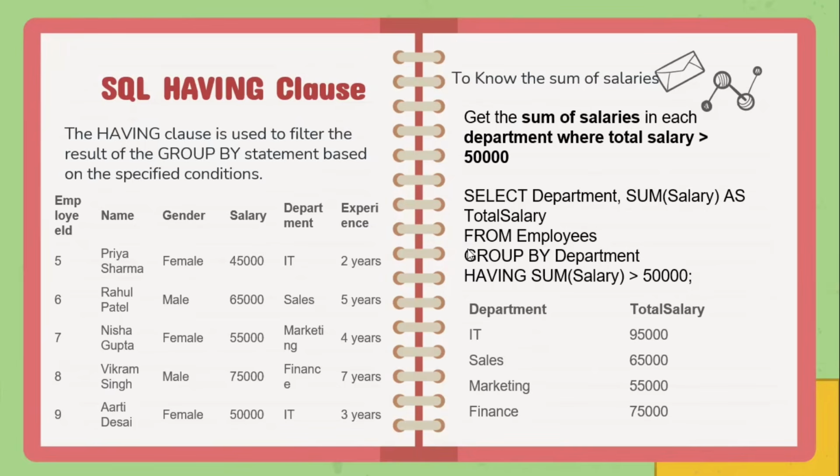Then we can't write where here because we have used group by statement. So in case where we are using that group by statement, we have to use having only. So that's why we are writing having sum of salary greater than 50,000. So this is one of the things that are very crucial. You have to focus here that where we are using group by, then we have to use having, not where clause.